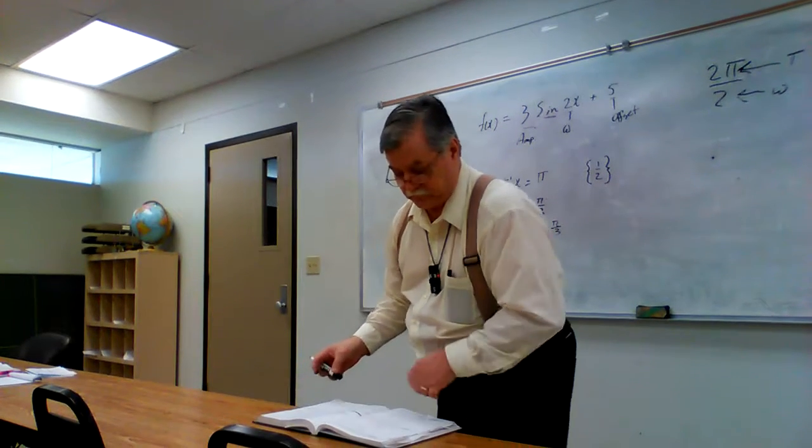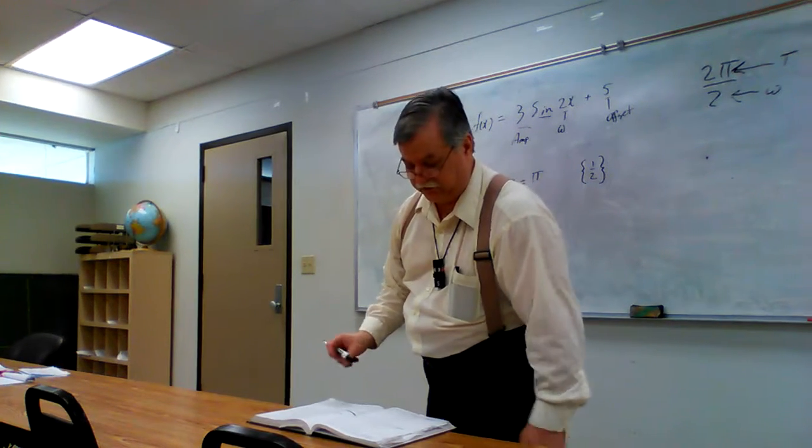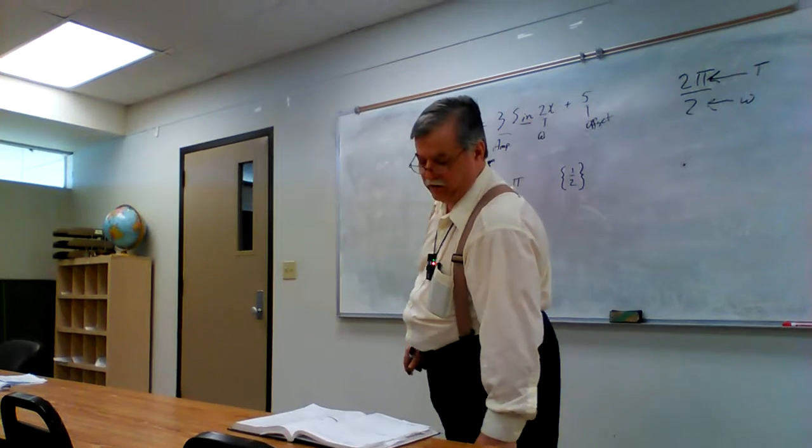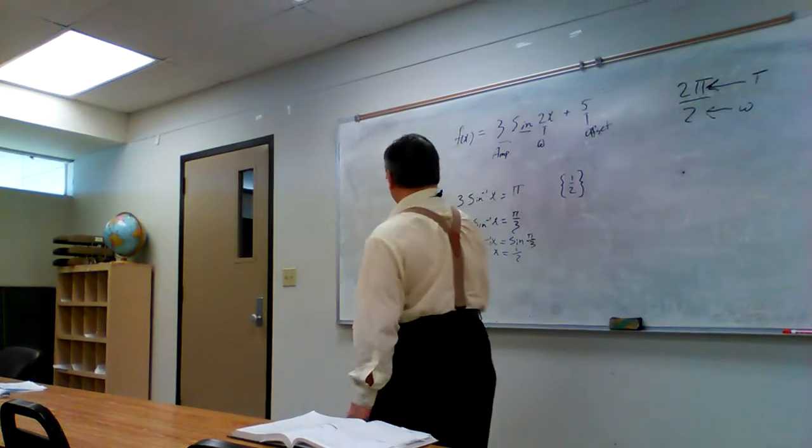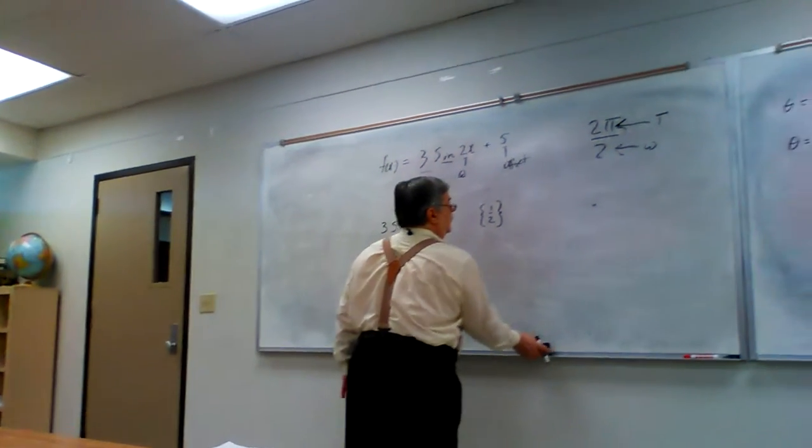Here's one on page 212, example 7. 2 times sine squared theta minus 3 sine theta plus 1 equals 0.